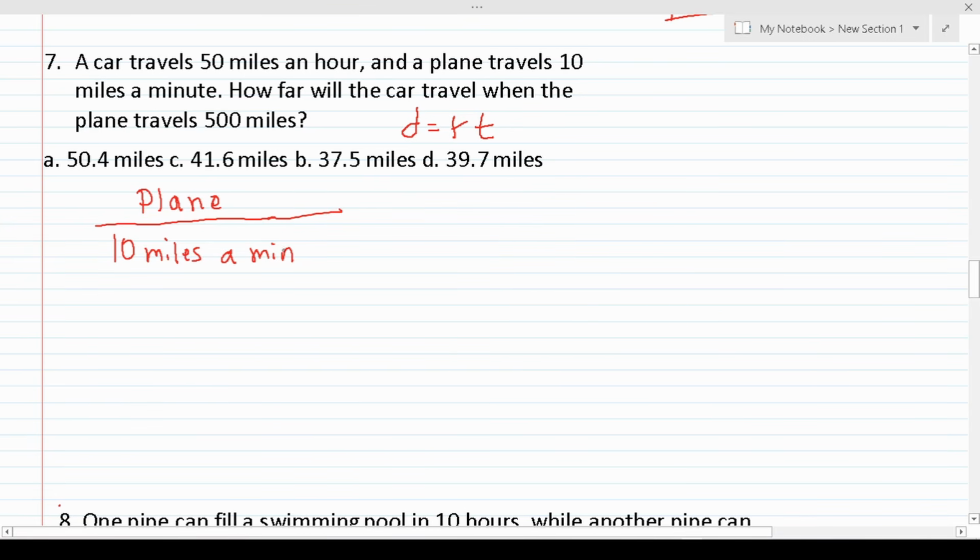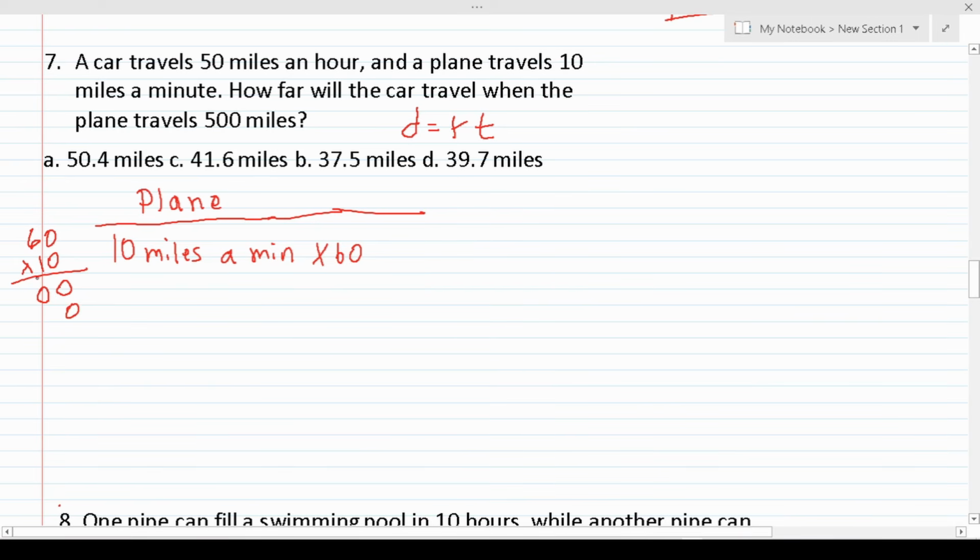give me its rate. So in order to go from 10 miles a minute to miles per hour, all I have to do is take this 10 and multiply it by 60. Again, there are 60 minutes in an hour. So if I multiply minutes by 60, that's going to give me this in terms of hours. So that's going to be 60 times 10. 0 times 0 is 0. 0 times 6 is 0.